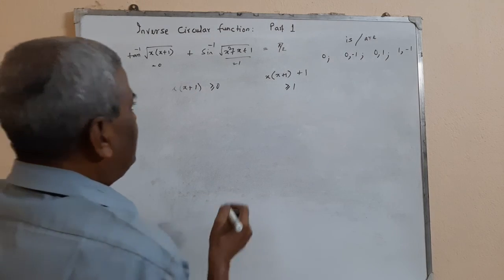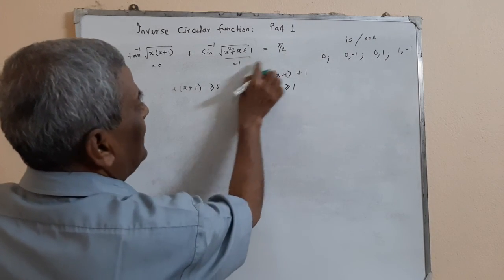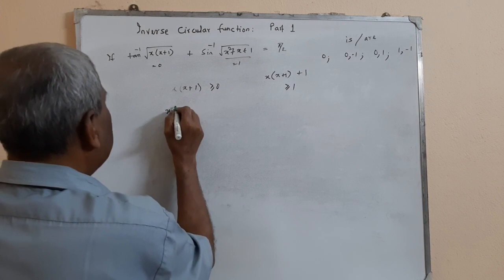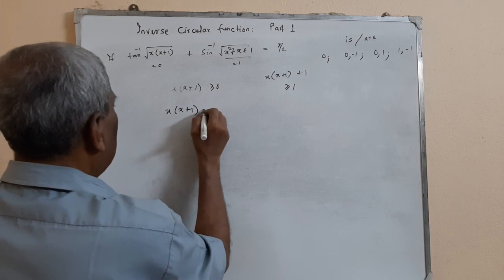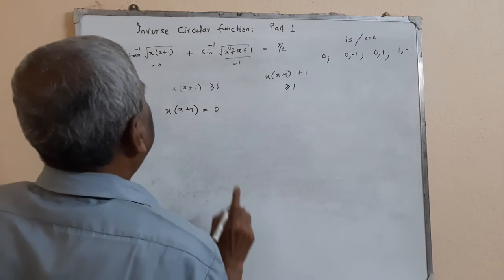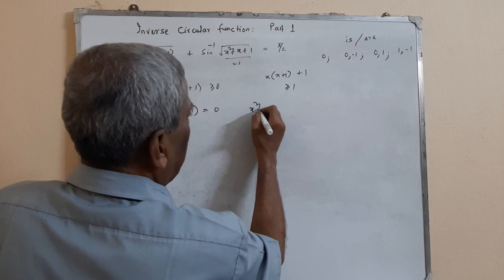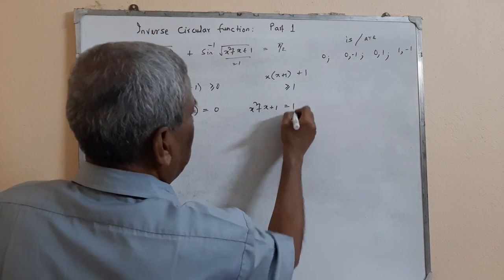And sine inverse 1 is pi by 2, satisfying. So we must get x into x plus 1 is equal to 0, and x square plus x plus 1 is equal to 1.